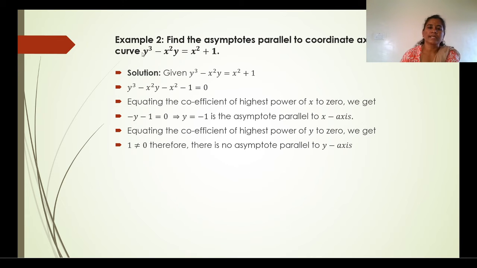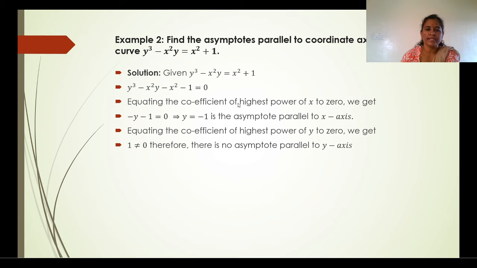Okay, we move on to the second problem. Find the asymptotes parallel to the coordinate axis for the curve y cube minus x square y equal to x square plus 1. The given curve equation can be written as y cube minus x square y minus x square minus 1 equal to 0.